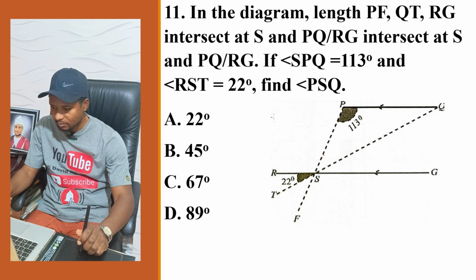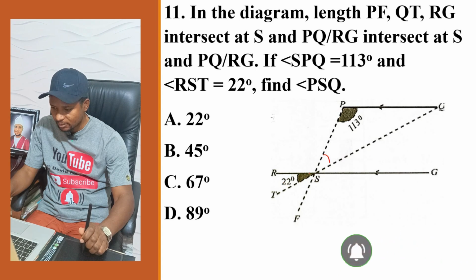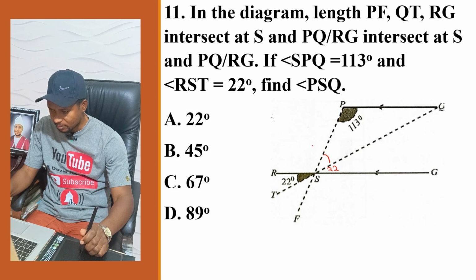This is what we're looking for. And I'm looking at this vertically opposite angle. We did it earlier. So here will be 22. And I think we're good.